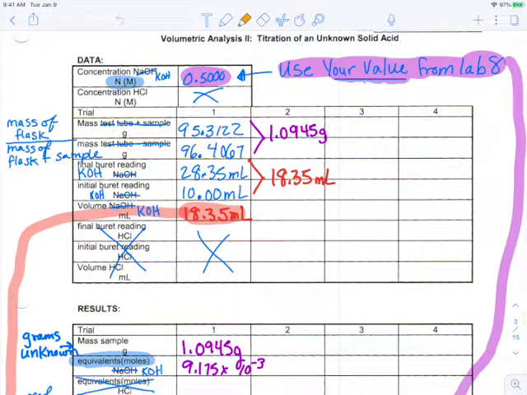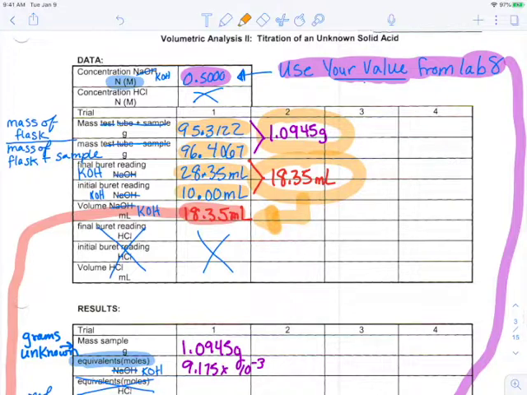Here I have the mass of my flask and the flask plus the sample. So I subtracted them to find this 1.0945 grams. Then I took the final reading of the burette minus the initial reading, and I got the volume of KOH used, that 18.35, which went below.